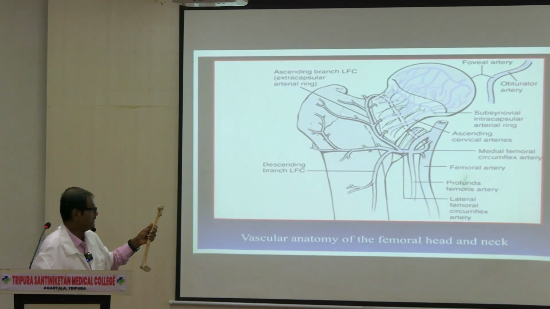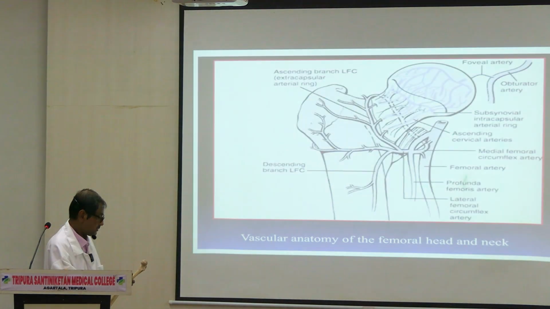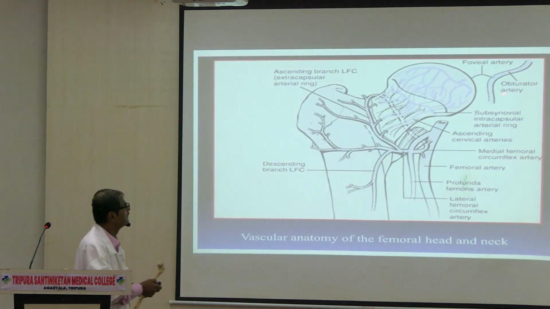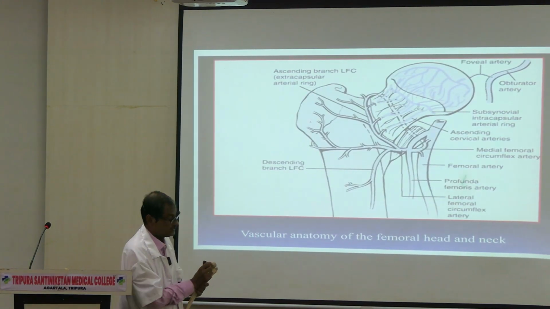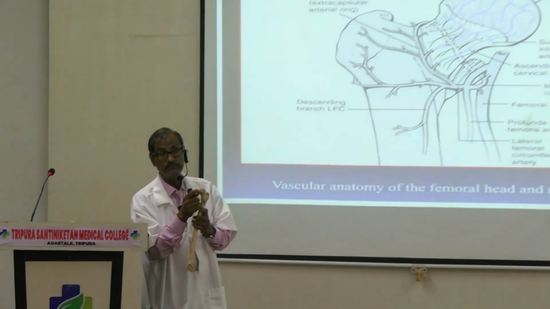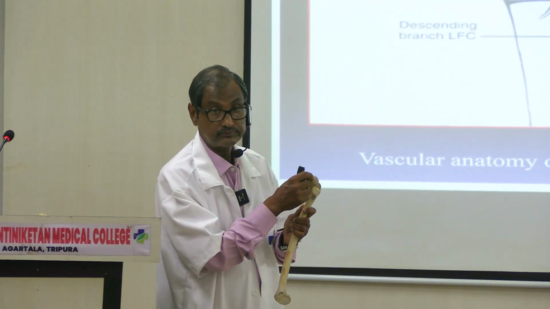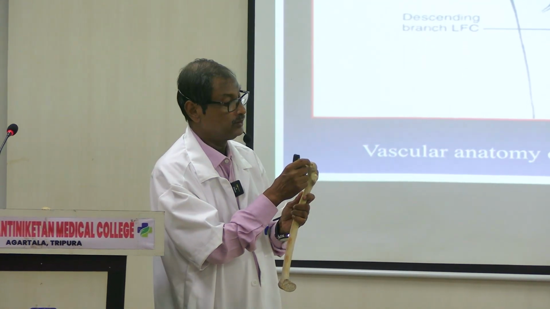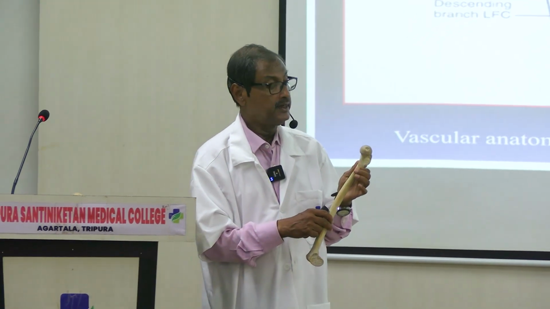When the child develops, there is another artery, called the foveal artery. It comes from the fovea capitis, the round ligament of the femur. So the neck is supplied by three groups.